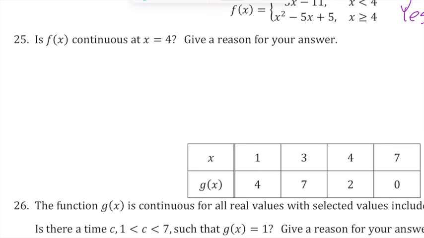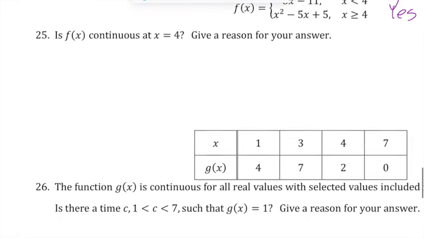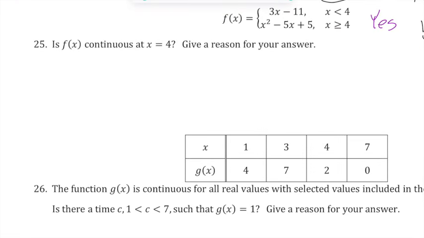Again, is it continuous at 4? Is this function? It is, but what's the reason why? So you need to show that f of 4, the value at 4, is the limit of the function as x approaches 4. So this needs to be true. All right, so let's do f of 4 first.